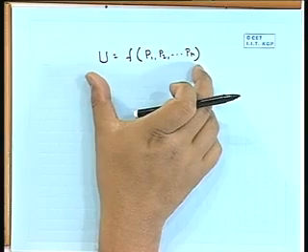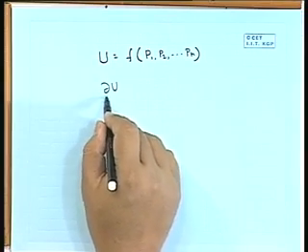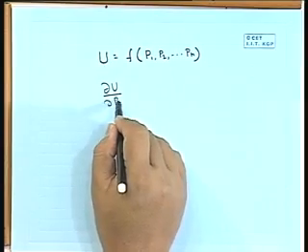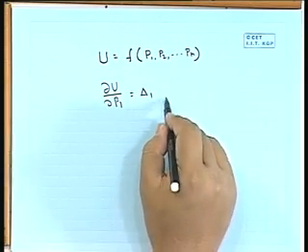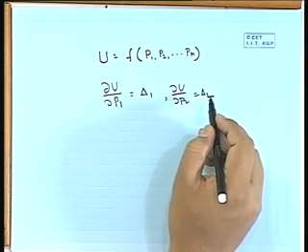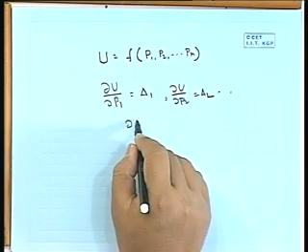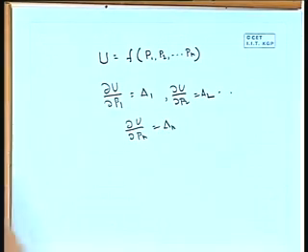Now, once that expression is available, if we take the partial derivative of U with respect to P1, we will get delta 1, or if we take it with respect to P2, it will be delta 2, or like this with respect to Pn, it will be delta n.